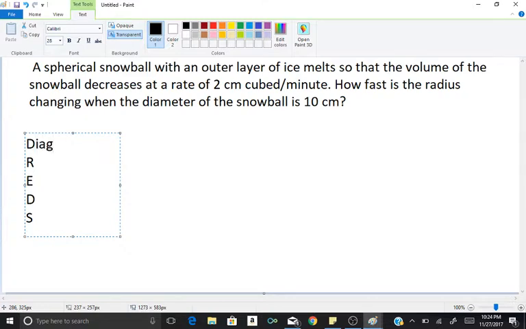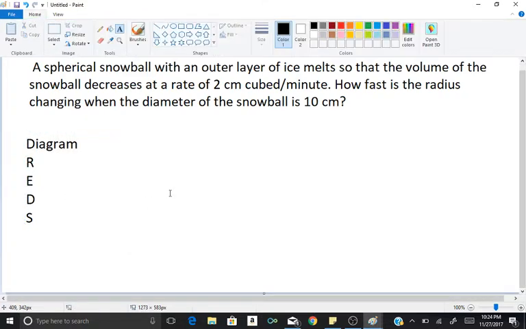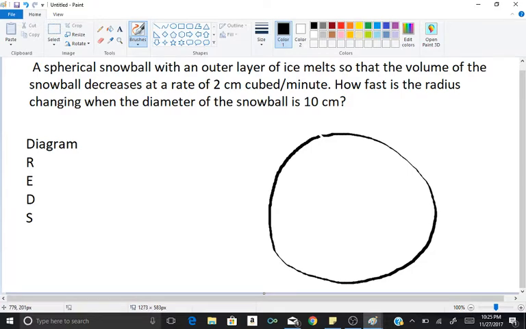The first part, and I want you to write this under the first D there, stands for diagram. This is where we take the information that we were given in the problem and we draw a picture if it's necessary, and we write down all of the essential information. So we've got a sphere, right? So I'm going to go ahead and draw a sphere. Okay, and that's my snowball.